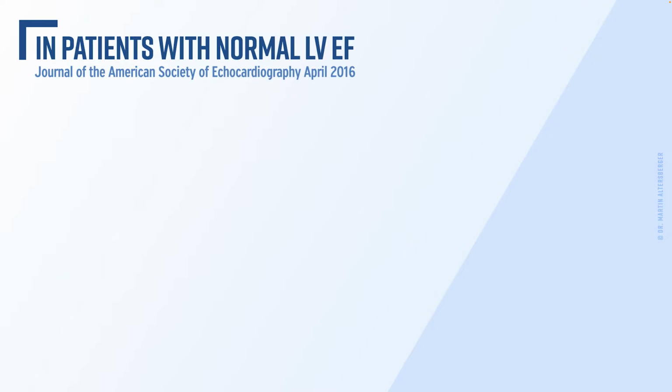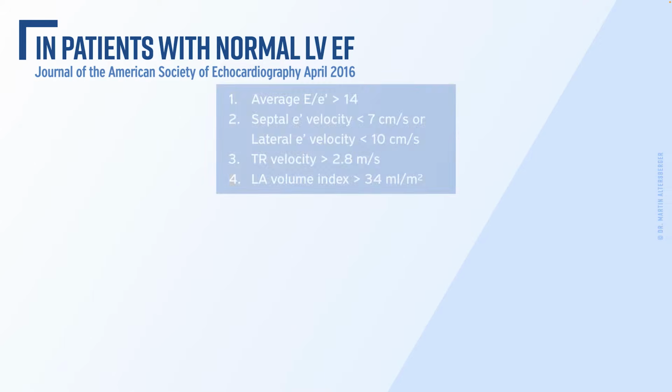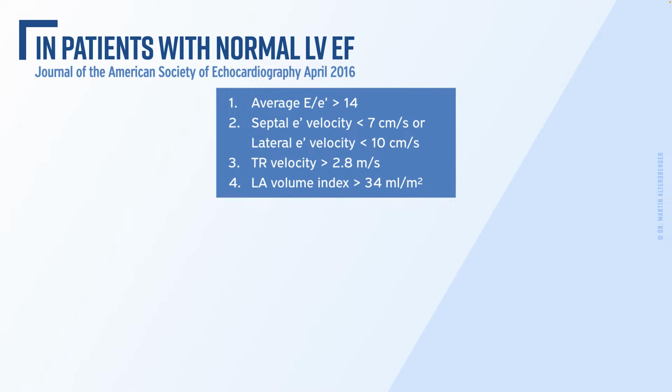And I want to show you now a graphic from the guidelines from 2016. In patients with normal left ventricular ejection fraction, but keep in mind this means a normal left heart, so we also do not want, and that is written in the detailed text, changes in, for example, wall thickness. So patients with a normal ejection fraction and a normal heart dimension fall into this category.